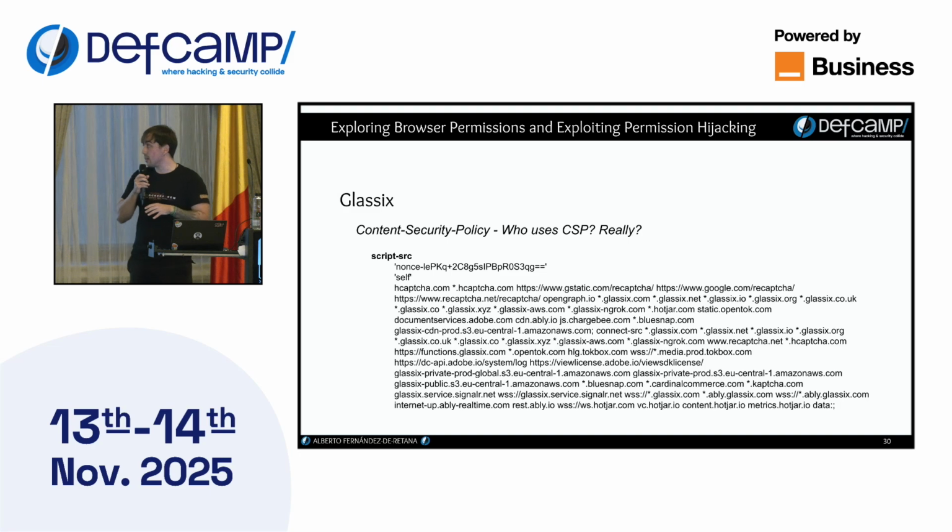They have this gigantic header for the script source, and usually if it's gigantic, there are some endpoints that you can use for bypassing the header. It's not really bypassing CSP, you are using allowed endpoints to run your JavaScript.